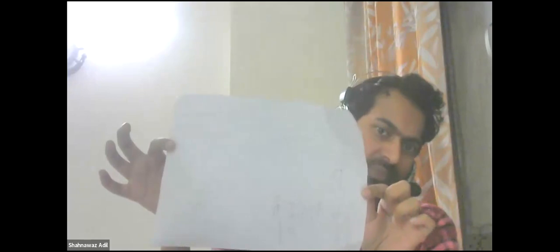So how can I make the curved surface? I have this rectangular paper, right? And I roll this paper to make a circle, right? So now this is a cylindrical shape whose top part is circular and bottom part is circular, right?